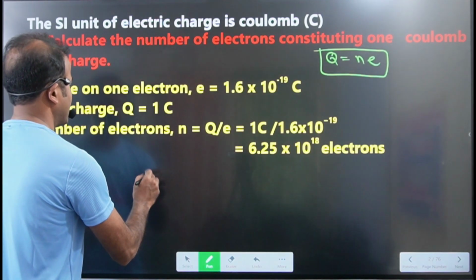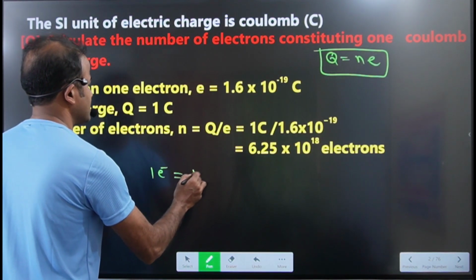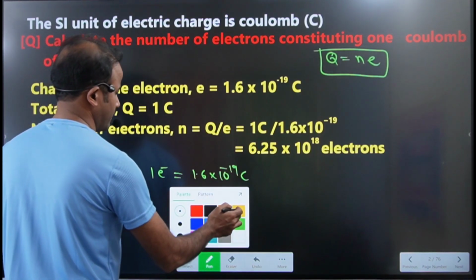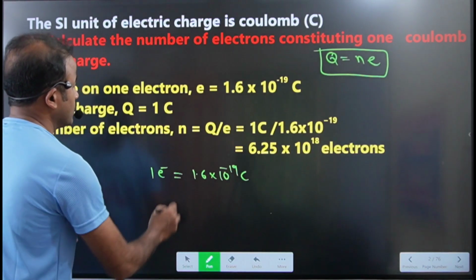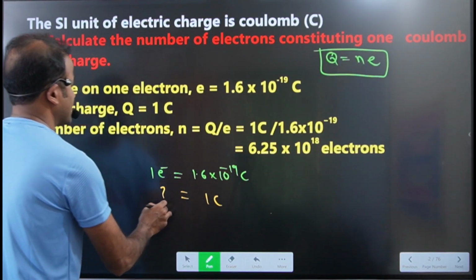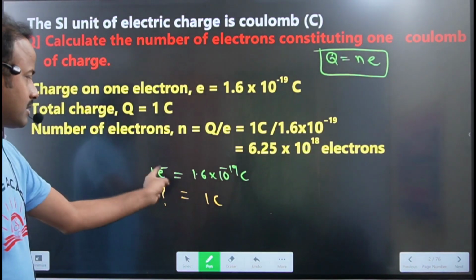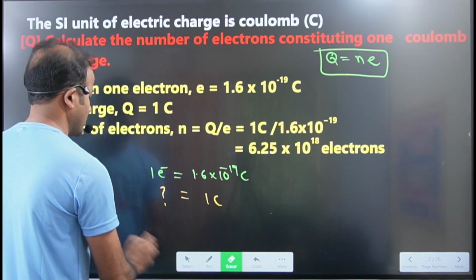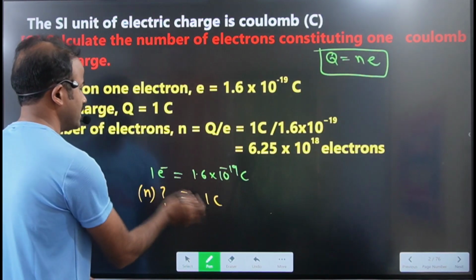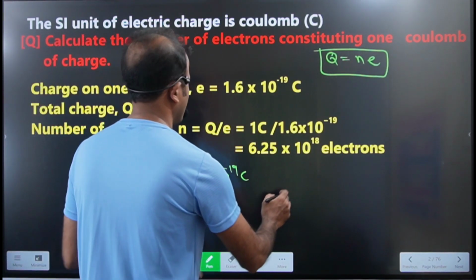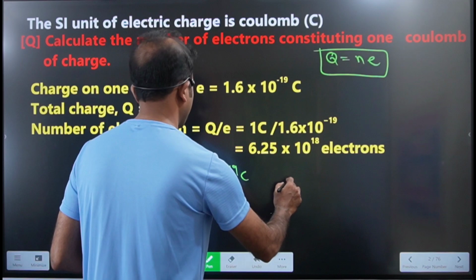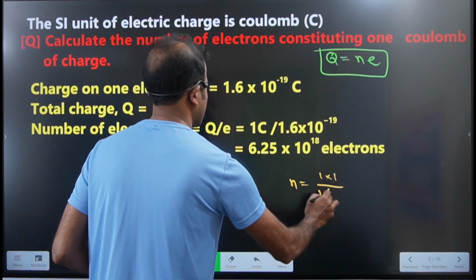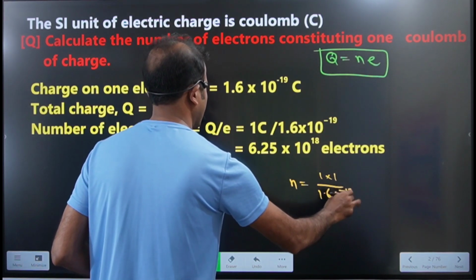So one electron has a charge of 1.6 into 10 to the power of minus 19 coulomb. Then 1 coulomb of charge consists of how many electrons? You can cross multiply. Let us say this is N or X. Cross multiplying, N equals 1 into 1 by 1.6 into 10 to the power of minus 19.